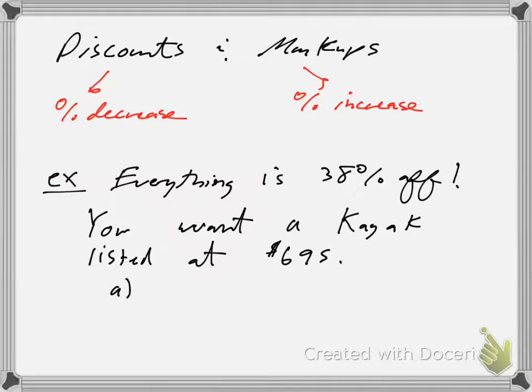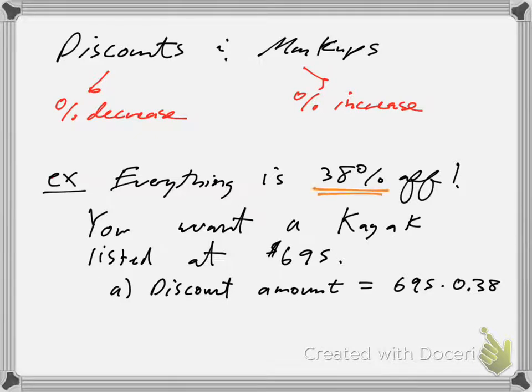So first of all, the discount amount would just be $695 times 0.38, because remember, whenever we stick a percent into a problem, we've got to move the decimal point, which is currently right here, over 2.